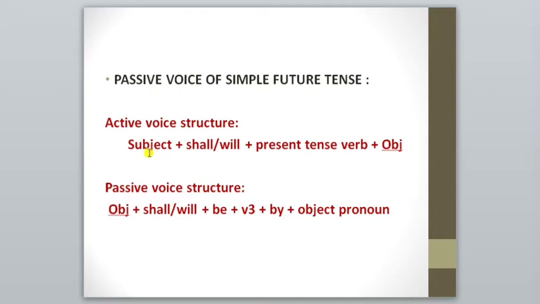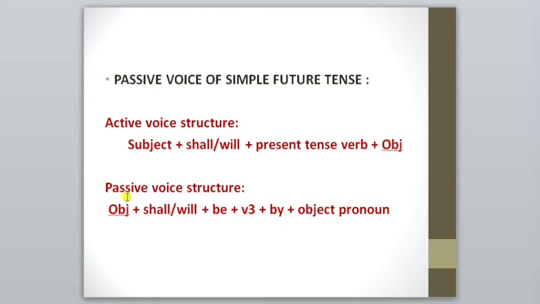Subject plus shall or will. Shall and will, these both are the auxiliary verbs of future tense. After shall or will, we have to use present tense of verb plus object. See once again, subject plus shall or will plus present tense of verb plus object.